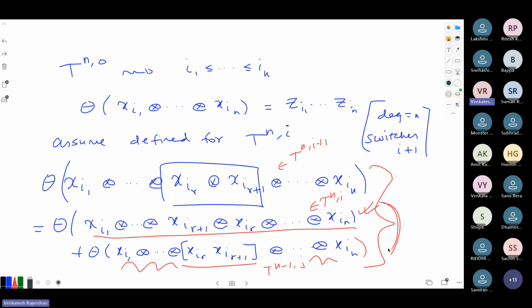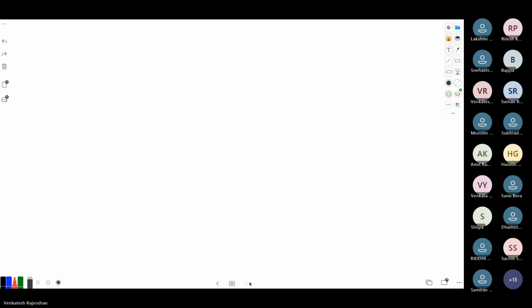But this has some well-defined problem because you actually started with a degree n element and then gone down to something smaller. So you started with xi1, let's drop that tensor, xir+1 xin.